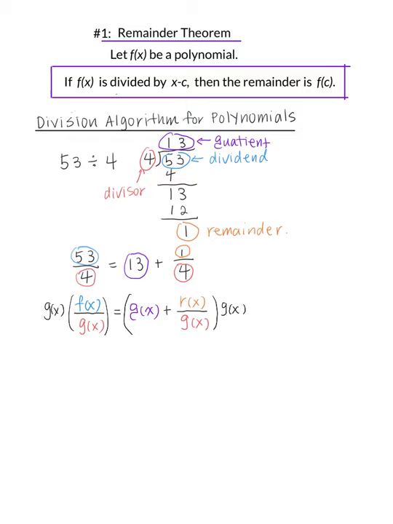Now I'm going to distribute. Now if I multiply this out, then our g of x is going to cancel out on the left hand side of the equation. And then what you're left with is, let me just write everything out. Now remember, I am distributing this g of x to each term. So our next term is going to be q of x times g of x.